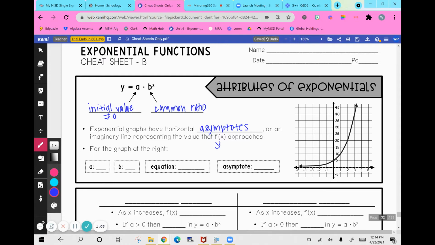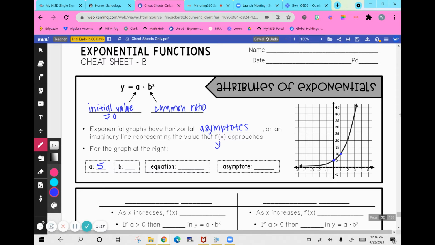So our initial value is going to be our y-intercept. So that initial value, that starting point, is 5. B is our common ratio. So to find the common ratio, we need two consecutive points, meaning when x is 0 and then when x is 1.